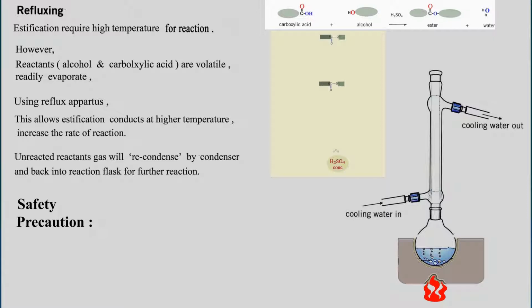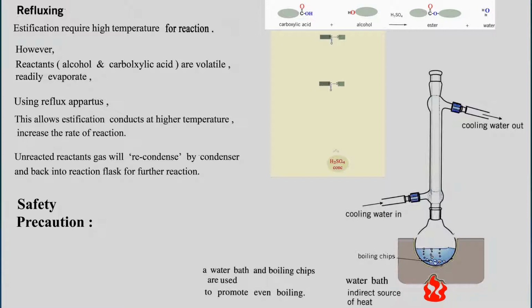What else? Pure alcohol. What else? Concentrated sulfuric acid as catalyst. Alcohol is quite flammable. It will catch fire easily at 200 degrees. So once they catch fire, the experiment will be very dangerous. So there are a lot of precautions you need to take.